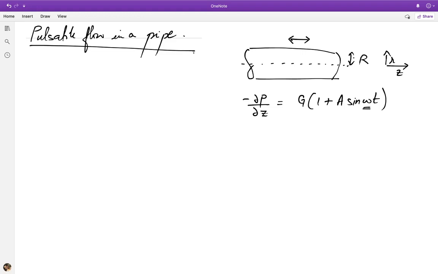Such a problem, of course, is highly relevant to the flow of blood in human capillaries. In fact, that was one of the motivations to study this problem originally. And of course, there are many features of this problem that aren't here, the most obvious being the fact that the walls of our capillaries are extensible, flexible or deformable.